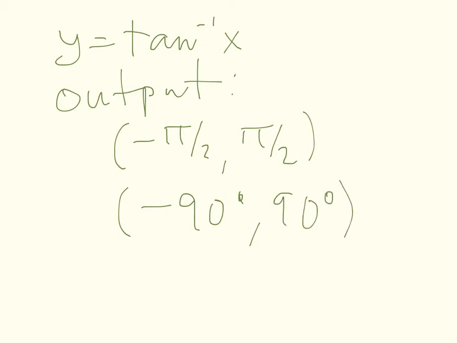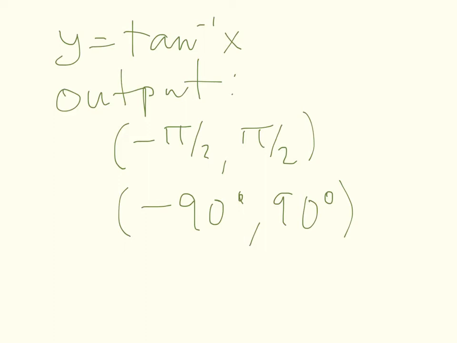Tangent of negative pi over 2 is not defined, so negative pi over 2 is not going to be an output of inverse tangent. Tangent of pi over 2 is not defined, so pi over 2 is not going to be an output of inverse tangent. Again, the output of inverse tangent has to be an angle between negative pi over 2 and pi over 2, or negative 90 and 90.